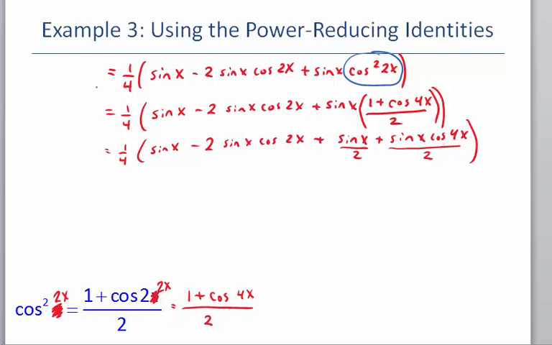Okay, so the only other thing that we can do is combine like terms, and it's almost difficult to see your like terms, but you do have a sine x, which has a 1 sitting in front of it, and you have a sine x here that has a 1/2 sitting in front of it. So we can add those two terms together. 1 and 1/2 make 3/2.